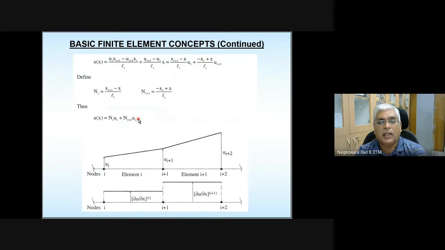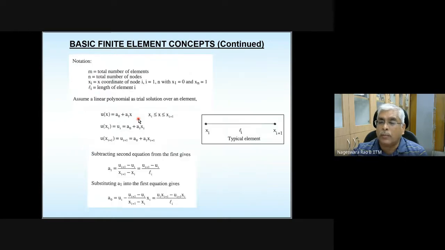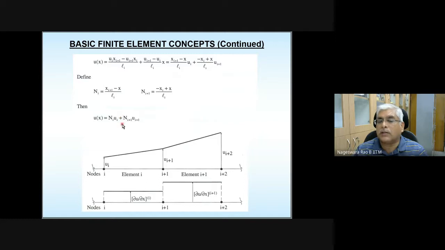And one more thing. I told you to make a note of this equation. Immediately take a note of it. I want to compare both these equations. So u is equal to a0 plus a1x, which is rewritten as u is equal to Ni ui plus Ni plus 1 ui plus 1.